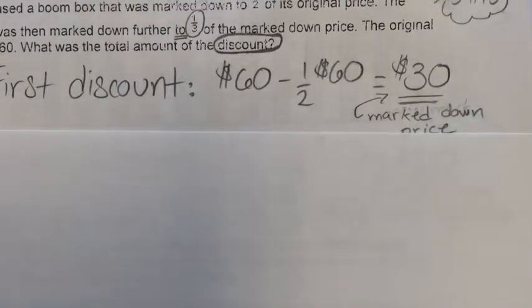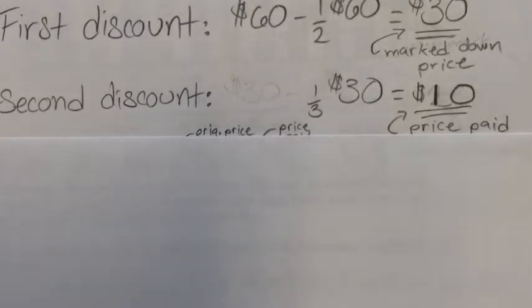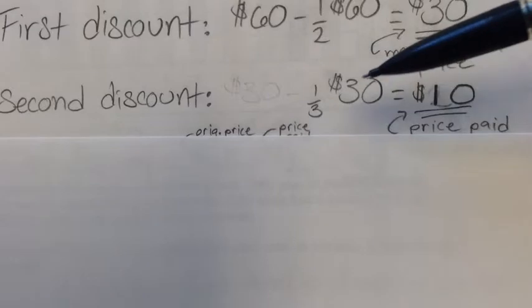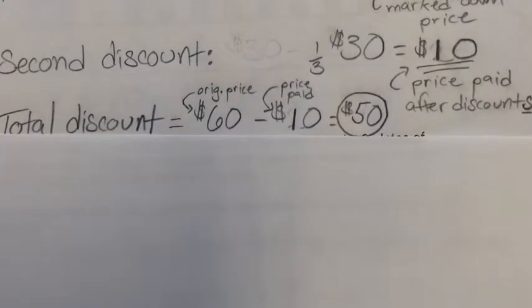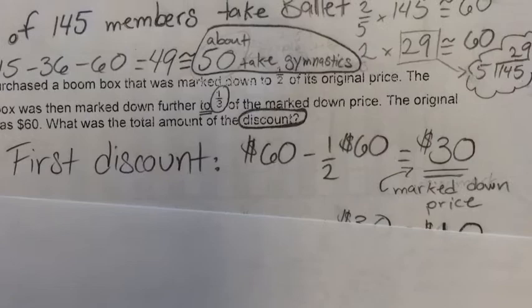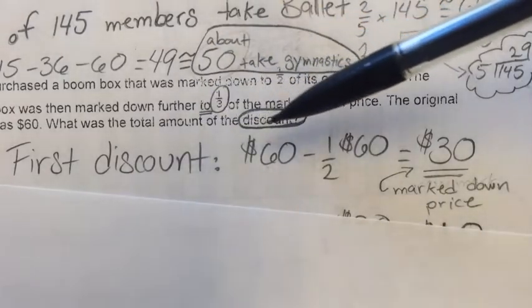The second discount is 1/3 of that marked down price. 1/3 of $30, that's easy. You could probably also do that in your head. $10, right? That's the price he paid. But I'm not looking for the price he paid. I'm looking for the discount because the question asks me, what was the total amount of the discount?